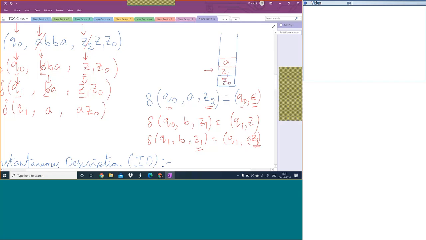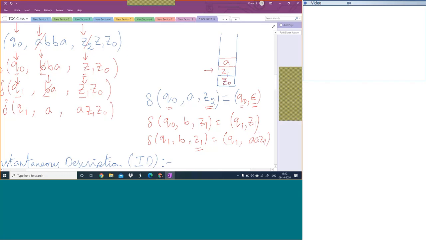So A, then Z1 followed by Z0 means below that. So this Z1 you can replace with one symbol, or keeping the Z1 you can add one symbol, or if I write like this, AA Z1, just look at this. If I write like this, Q1 comma AA Z1, what does it mean?